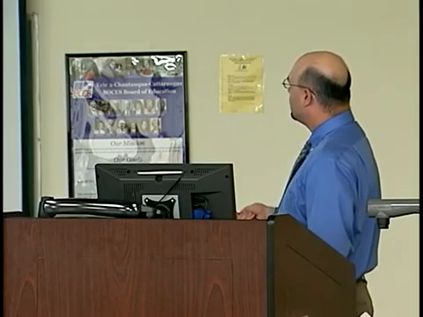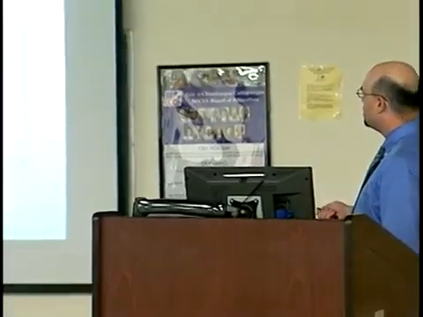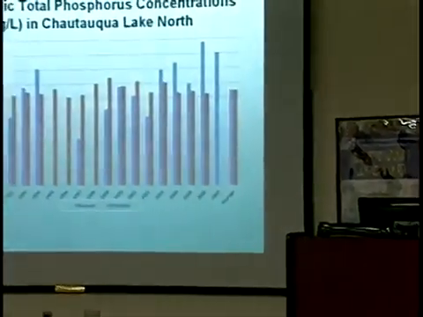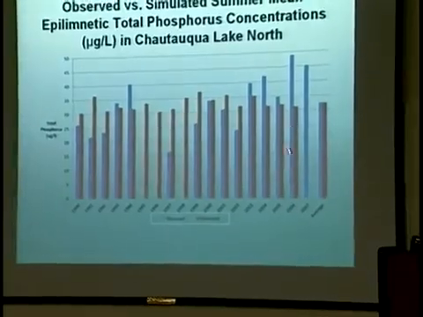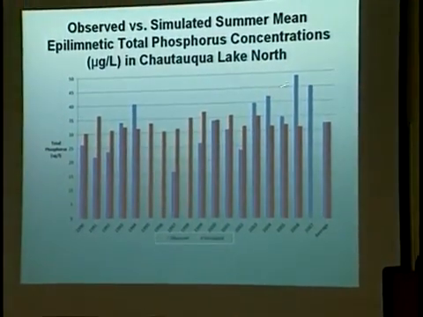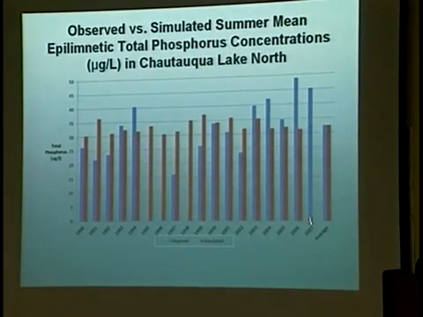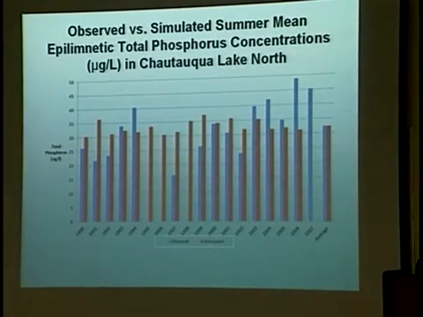The blue is the observed and the red is simulated. You can see that there are some differences here, but within reason, between 10 micrograms per liter. For whatever reason, our observed values over the past couple of years have been significantly different than simulated.